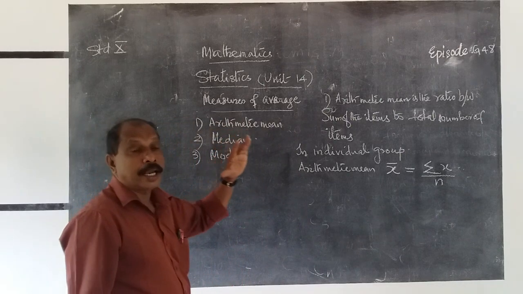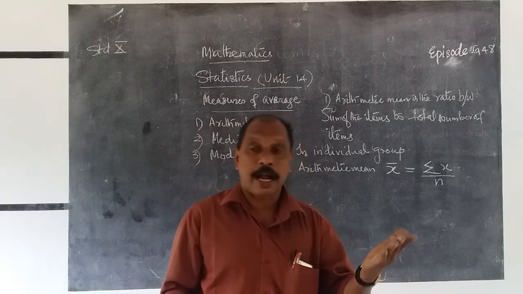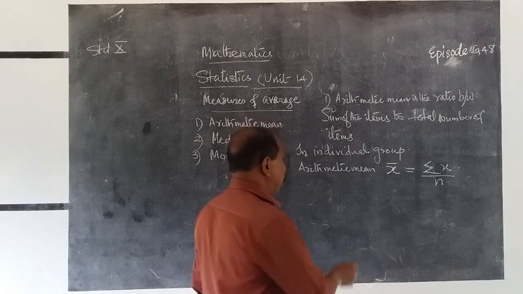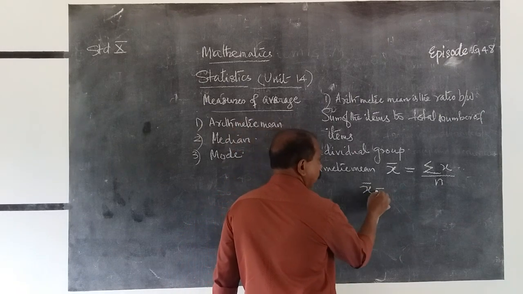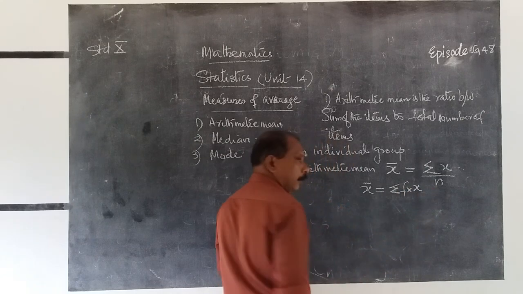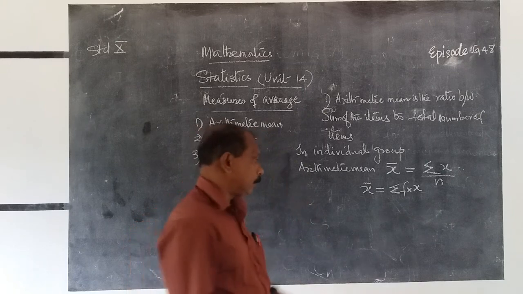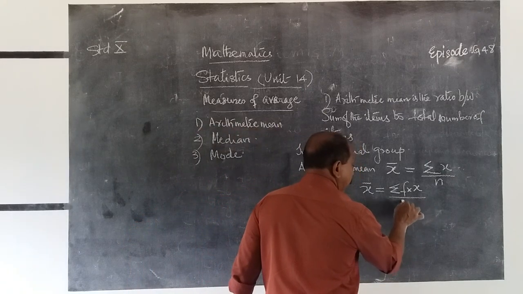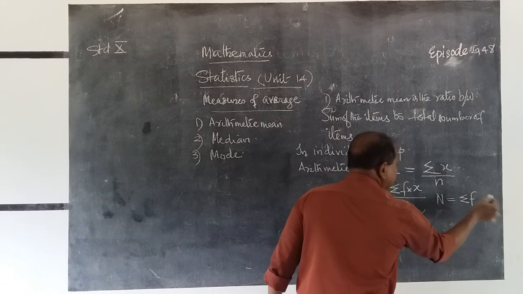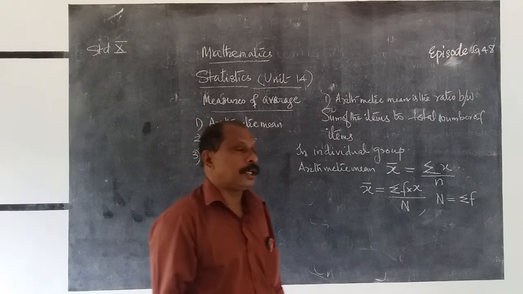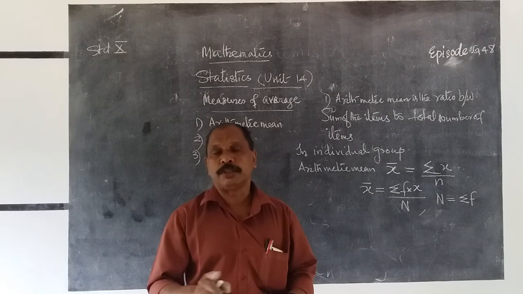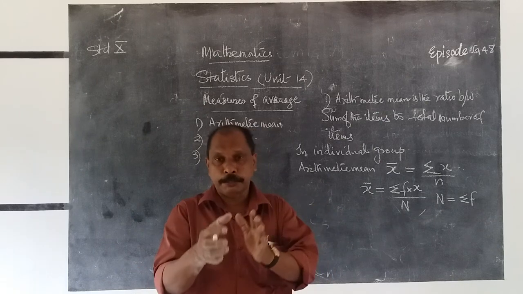Then, in the case of frequency distribution, that is ungrouped or grouped frequency distribution, x bar is equal to sigma f into x, that is product of frequency and x, divided by capital N. What is capital N? It is the sum of the frequencies. That means we take the product of x, that item, and its own frequency f. Take the sum of the products.